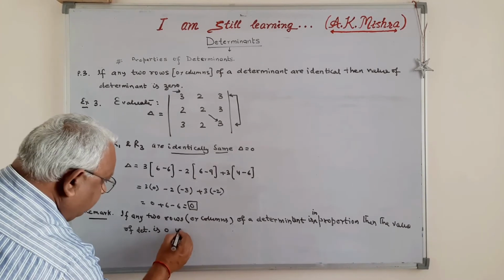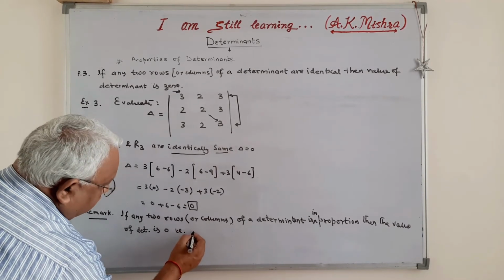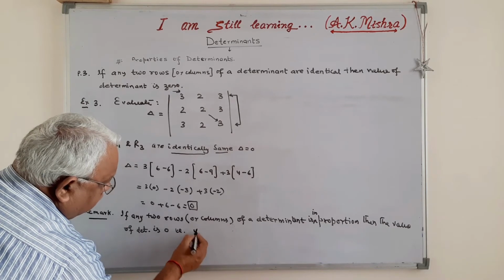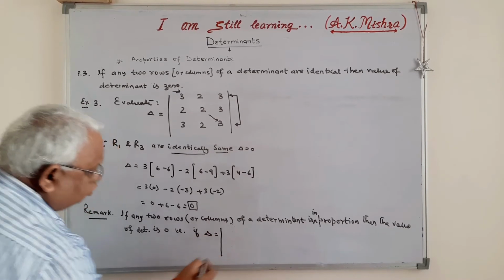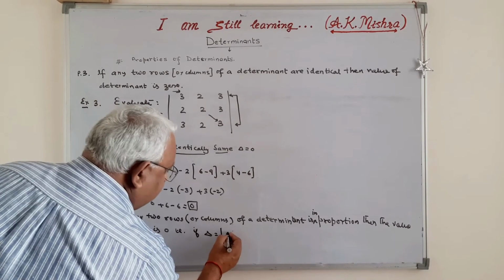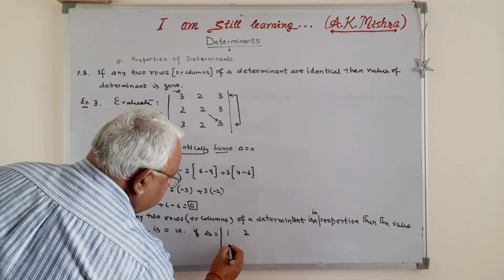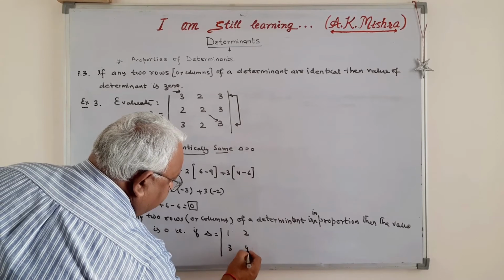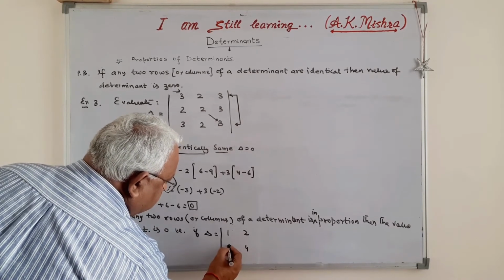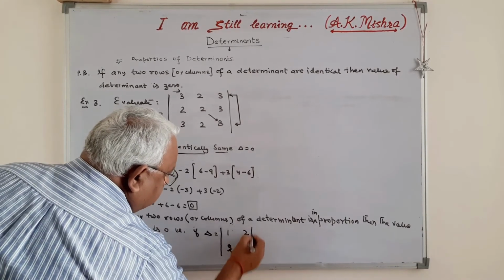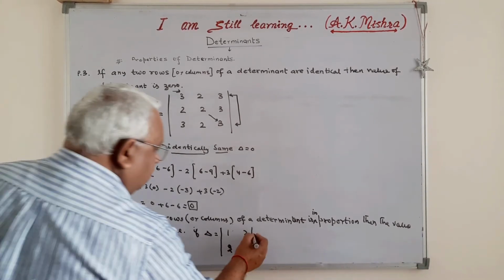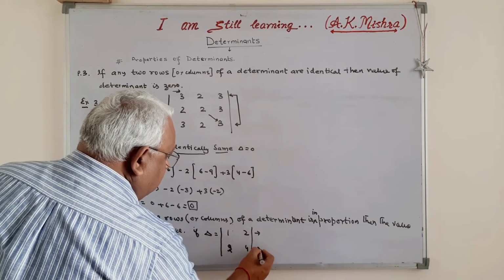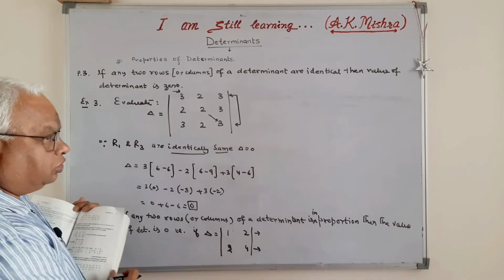That is, if I am taking a very simple example of 2 cross 2, if delta is equal to 1, 2, 3, 4, 1, 2, 2, 4, R1 and R2 are in proportion.